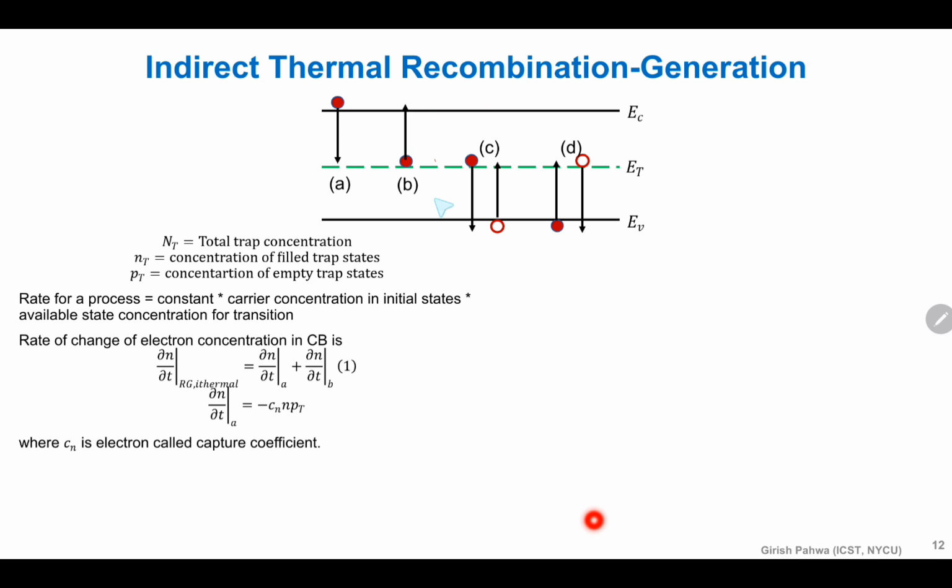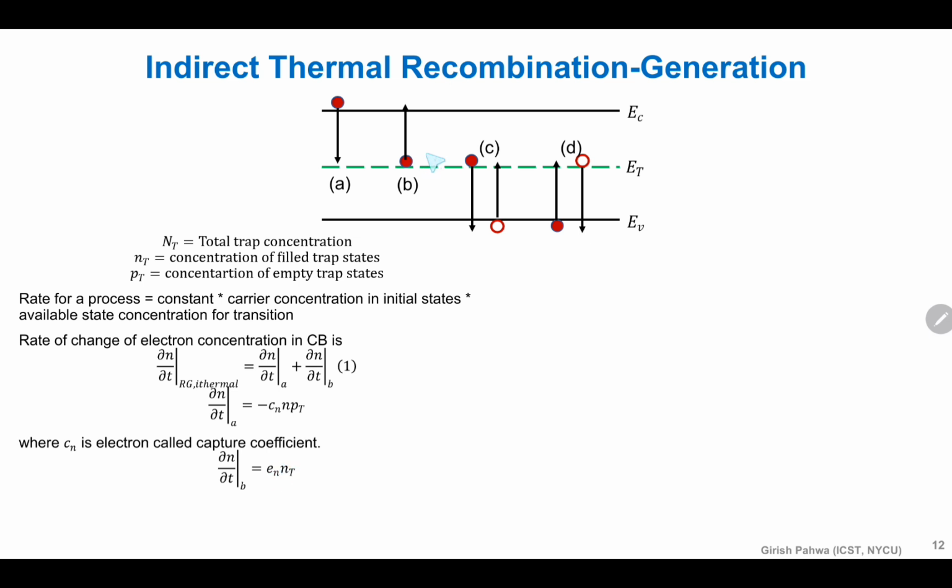So I have proportionality. In the proportionality I will have Nt, but this proportionality factor is not changing throughout this recombination generation process, so that will be a constant. And then you have a constant of proportionality. So there are two constants, and they will make another constant. So this is only proportional to Nt, because that other constant is embedded into this En.